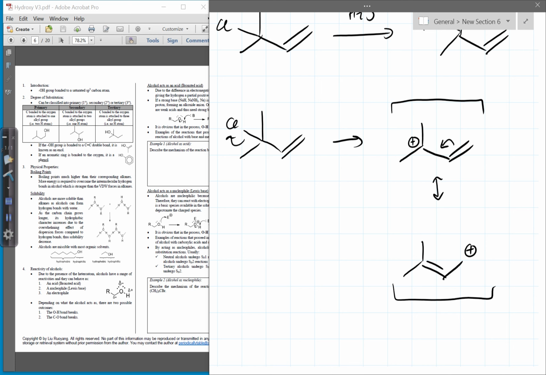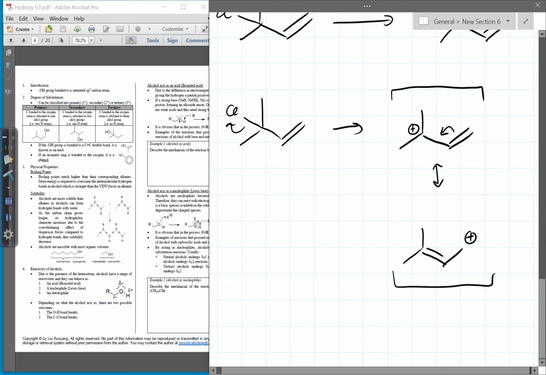Electron density from the adjacent pi bond can join to it instead, and the positive charge goes to here. This shifting of electrons, this delocalization of positive charge, stabilizes your carbocation, just like spreading of other charges would stabilize their species. So you actually have these two species in resonance.